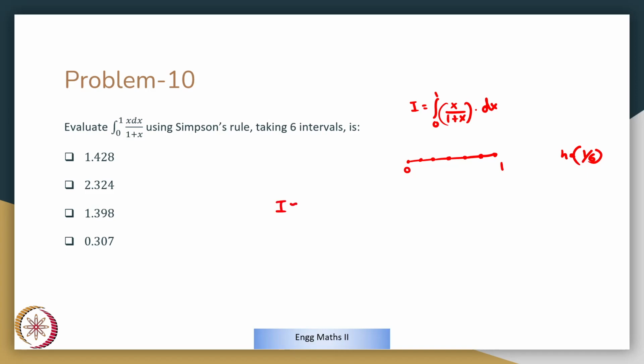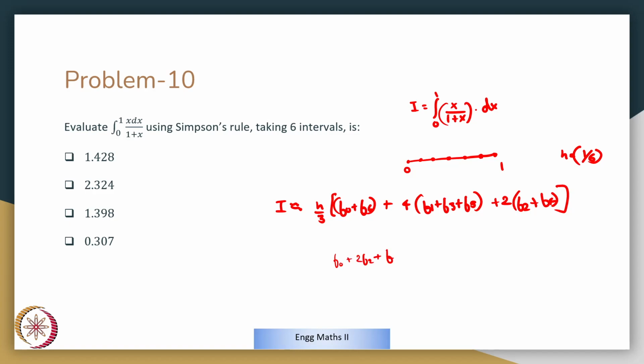So using Simpson's rule, I can approximate it to be h by 3 times f0 plus f6 plus 4 times f1 plus f3 plus f5 plus twice of f2 plus f4, which, if you think about it, is nothing but a rearrangement of f0 plus 4f1 plus f2, plus f2 plus 4f3 plus f4, plus f4 plus 4f5 plus f6.